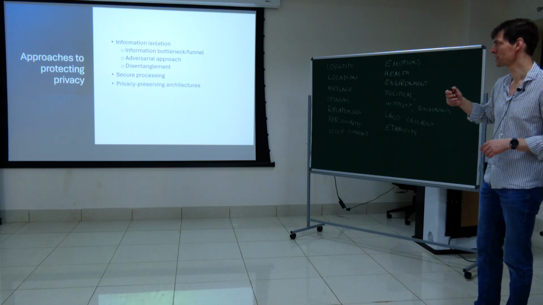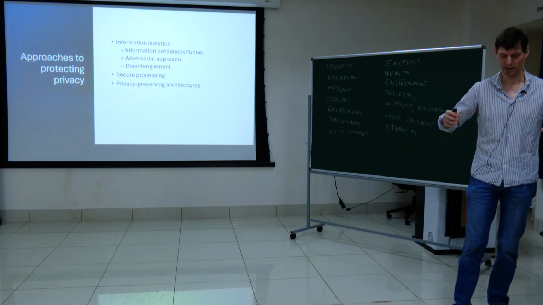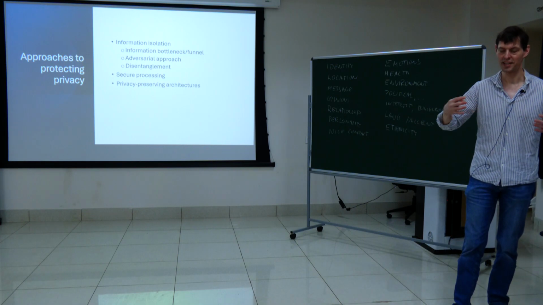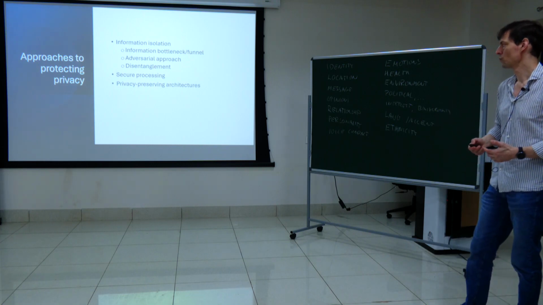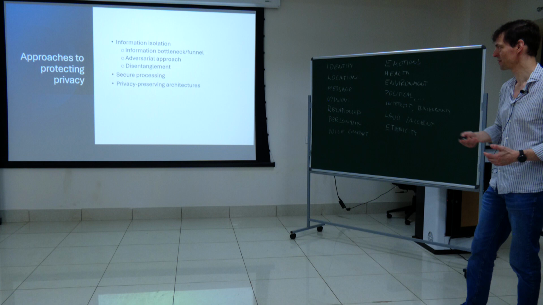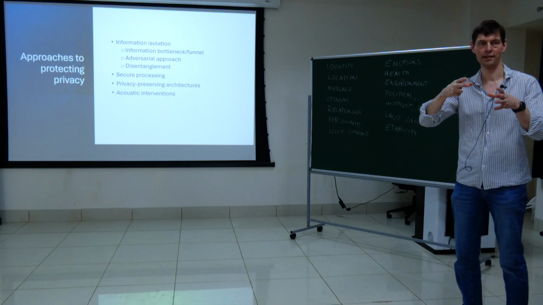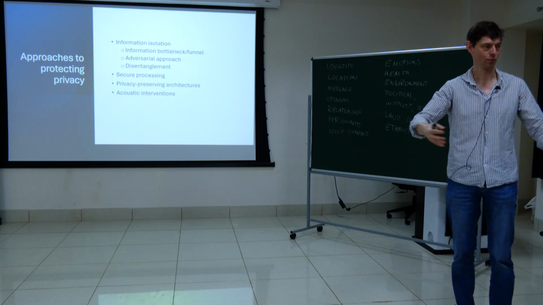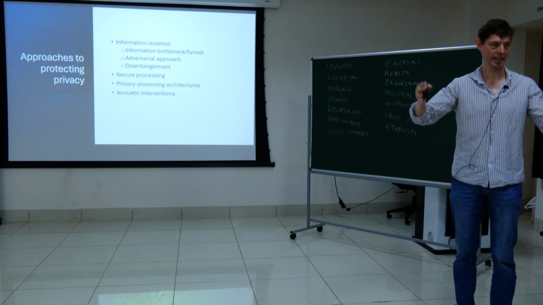Oh yeah, privacy preserving architectures. That's where the infrastructure is devised such that we avoid leaks. I'll come back to that in a second. Acoustic interventions refers to something we can do in the acoustic space, with the loudspeaker, microphone, that range of things.